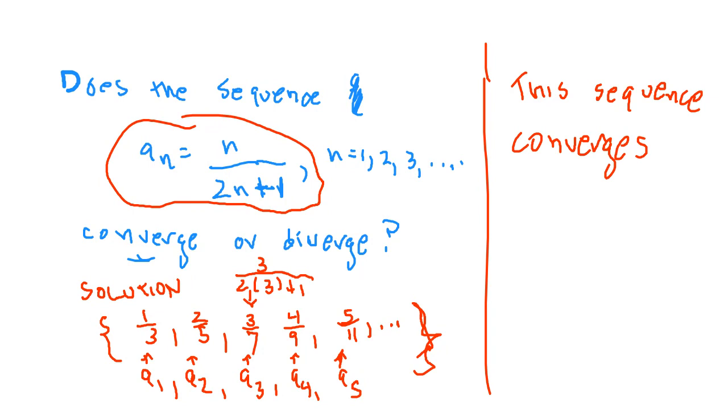Do you think it converges? What do you think as n goes to infinity? That's right, Taj. As n goes to infinity, the sequence approaches 1/2. So this sequence converges.